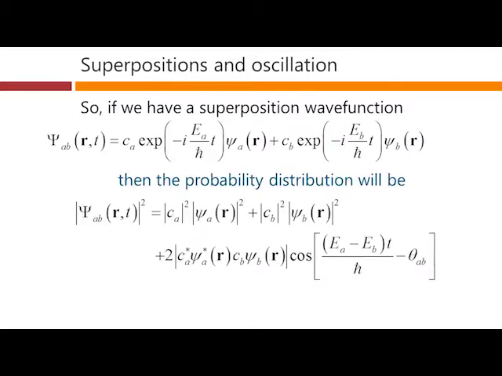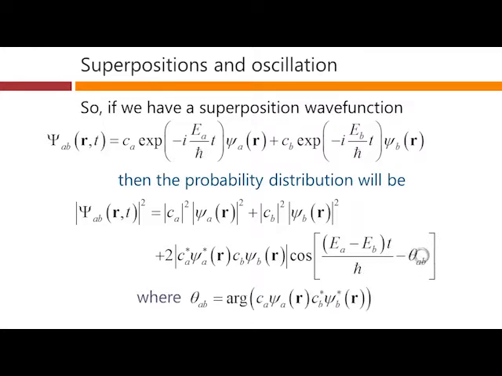Then the probability distribution, by the same algebra as we've just done, will be this expression here: Ca squared times this probability density, Cb squared times this probability density, plus this oscillating term that oscillates at the energy difference over h bar frequency.